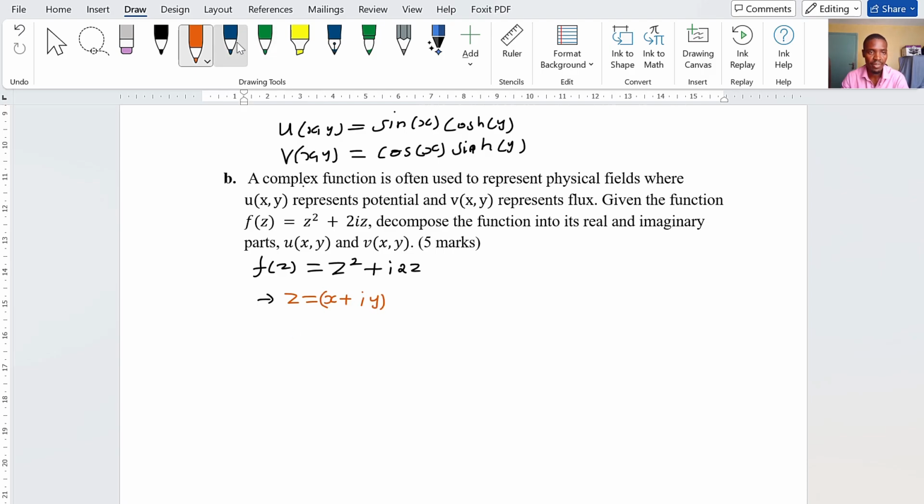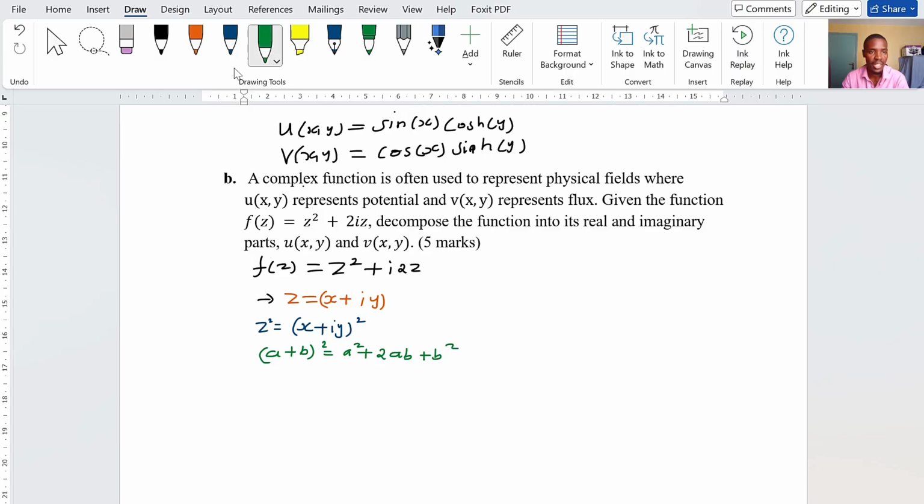So the first thing, we are going to get z squared, which means x plus iy squared. And this is very easy. We follow the standard way of expanding a plus b squared, which is simply a squared plus 2ab plus b squared.